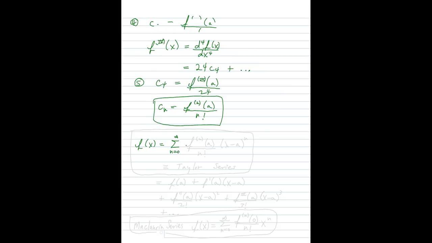We're going to rewrite it as f of n evaluated at a over n factorial. So that f to the n of a is the nth derivative of f evaluated at a over n factorial times the quantity x minus a to the n. Okay, and that's going to be our definition of a Taylor series.